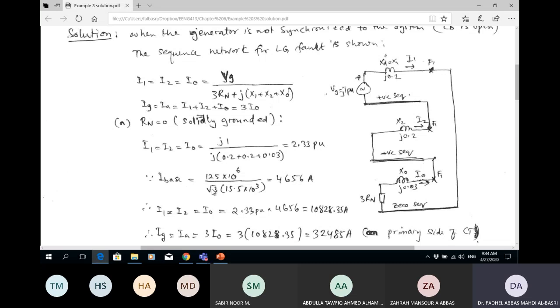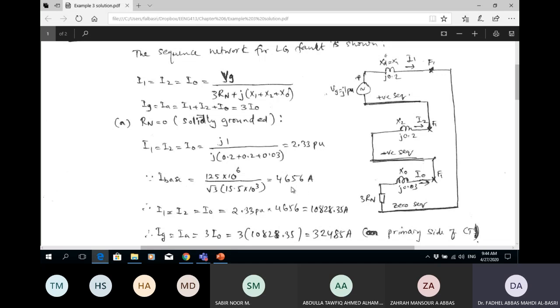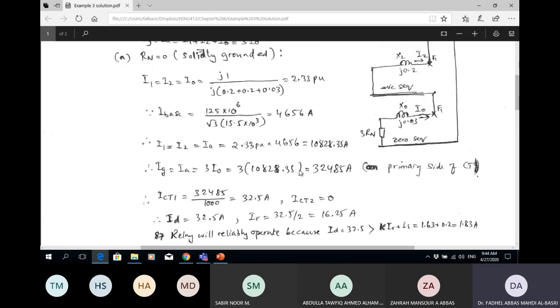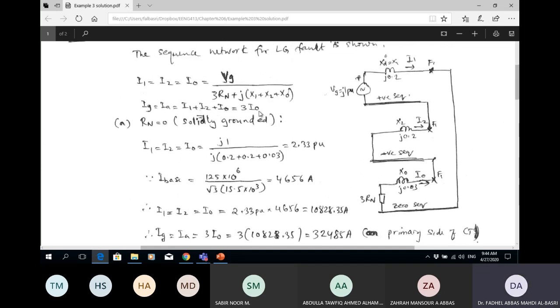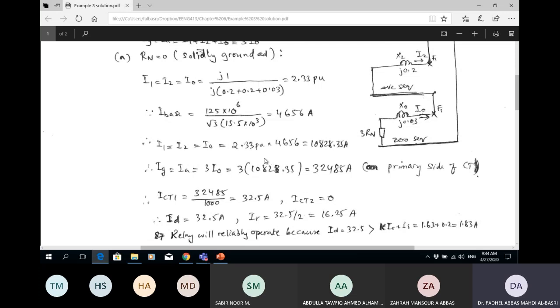This is the generator power over the voltage, so I got the rated current, which is my base in this case. If I multiply the zero sequence current by 3, the fault current is 3 times I naught, which was 2.33, times the base value.